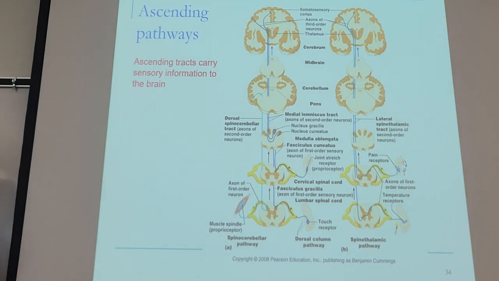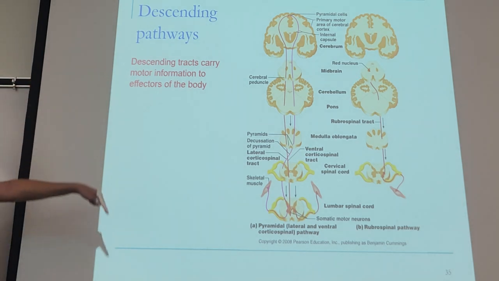So from here, all I want you to realize is that tracks that go up are carrying sensory information for analysis. Tracks that go down are generating a motor response. And tracks, again, are what? Collections of axons in the CNS.